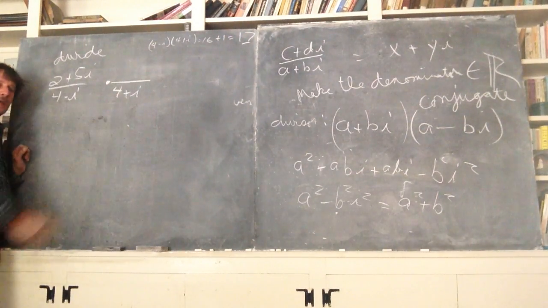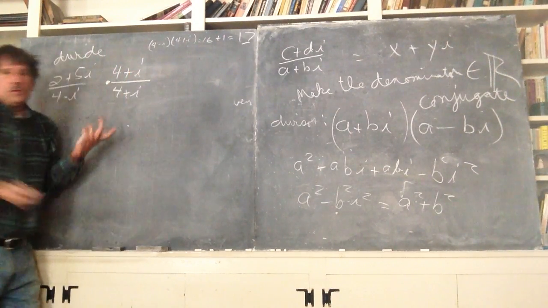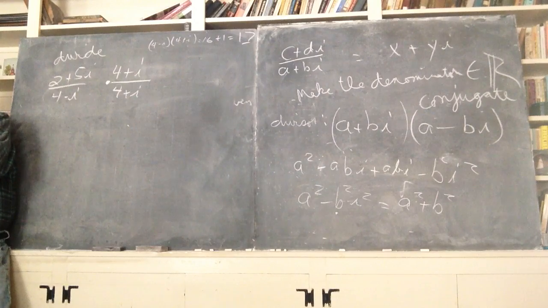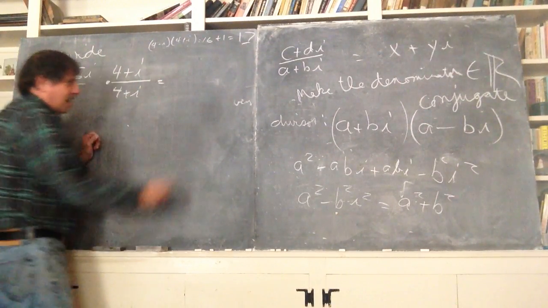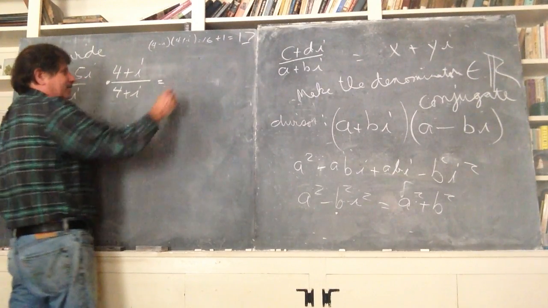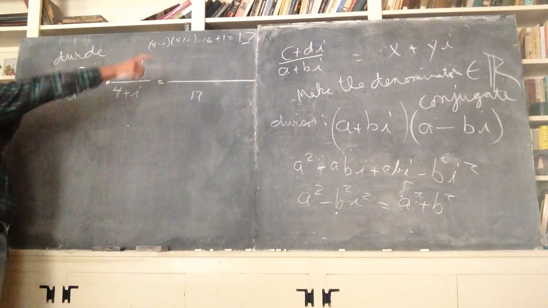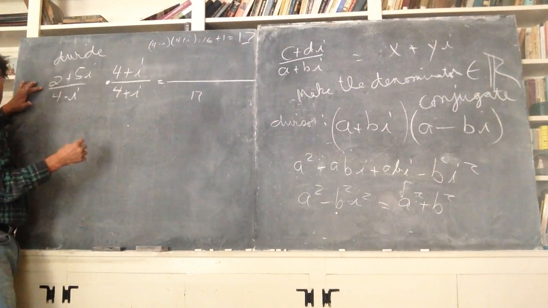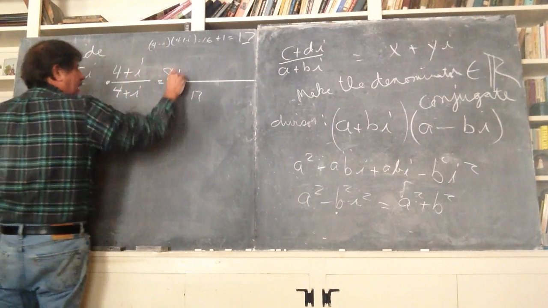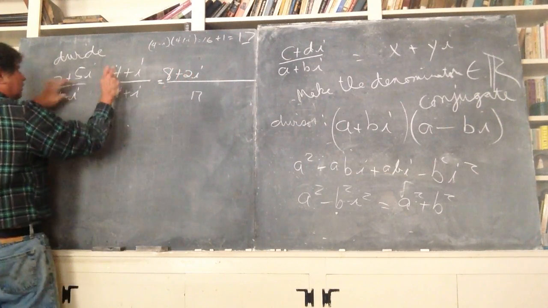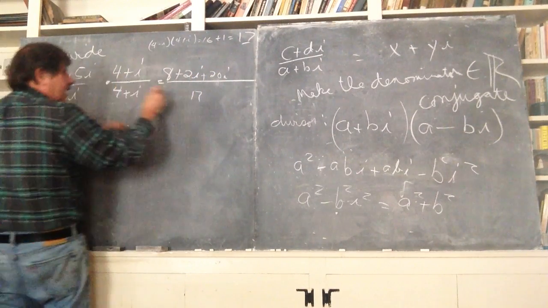So we choose that. But just like the square root of 2 example, you can't change the value of the number, so you have to multiply by 1. The bottom is 17. It's just 17. The top, you have to multiply those two. 8 plus 2i, I'm foiling, plus 20i plus 5i squared.